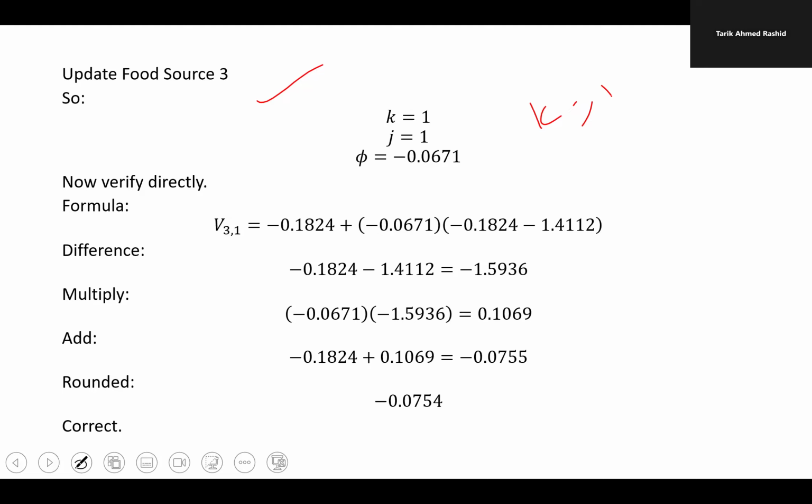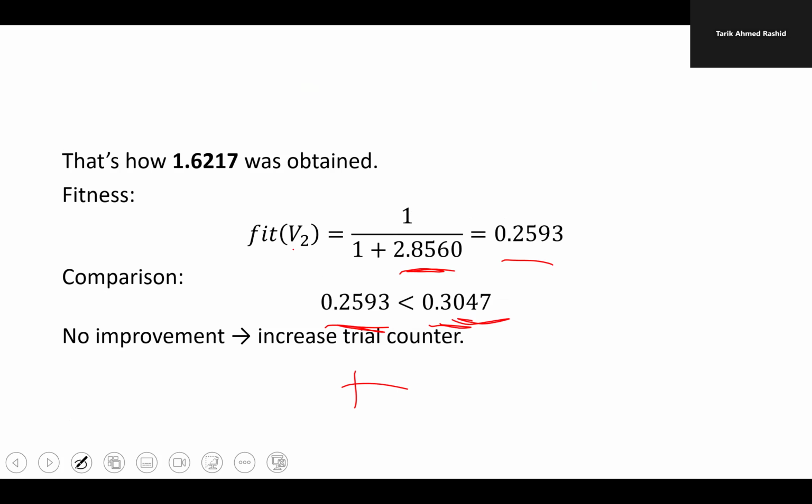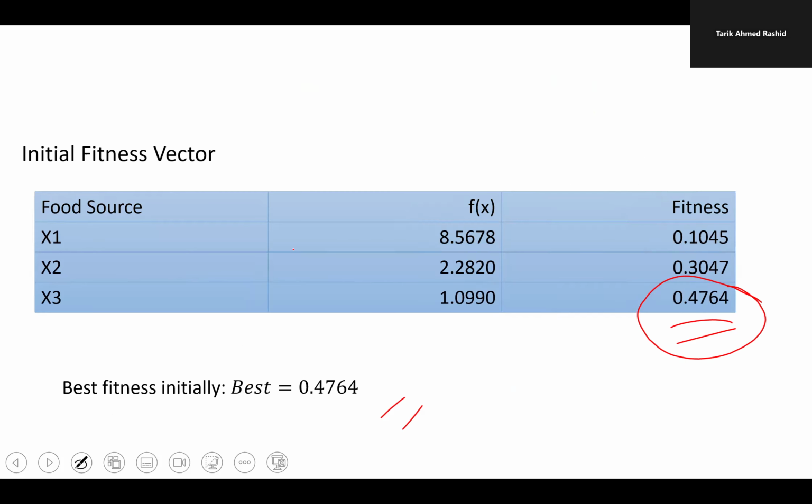So that is food source 1, first dimension, and this is food source 3, first dimension. So just go back to double check.